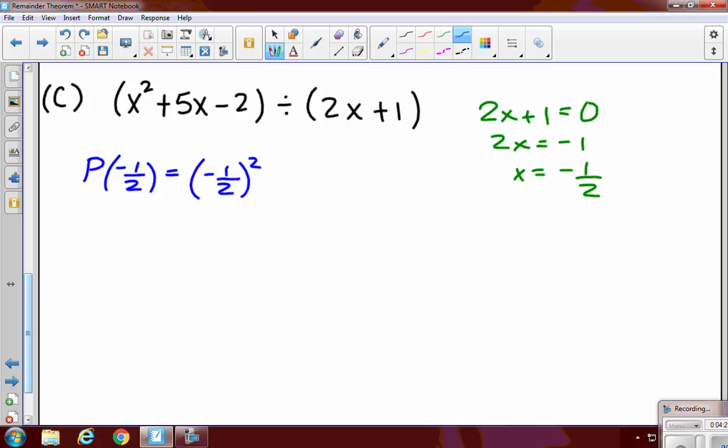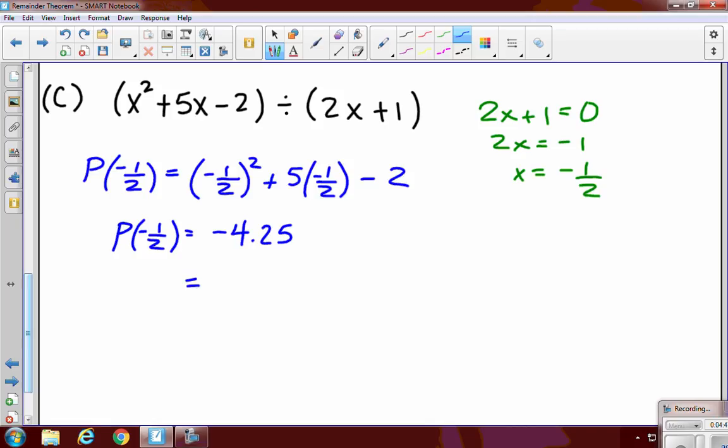So negative 1/2 squared plus 5 times a negative half minus a 2. And again, probably the most efficient way of getting that is your calculator. You might be able to do it in your head as well. But if you do this out, you're either going to get negative 4 1/4, or if it's written as a fraction, that's negative 17/4.